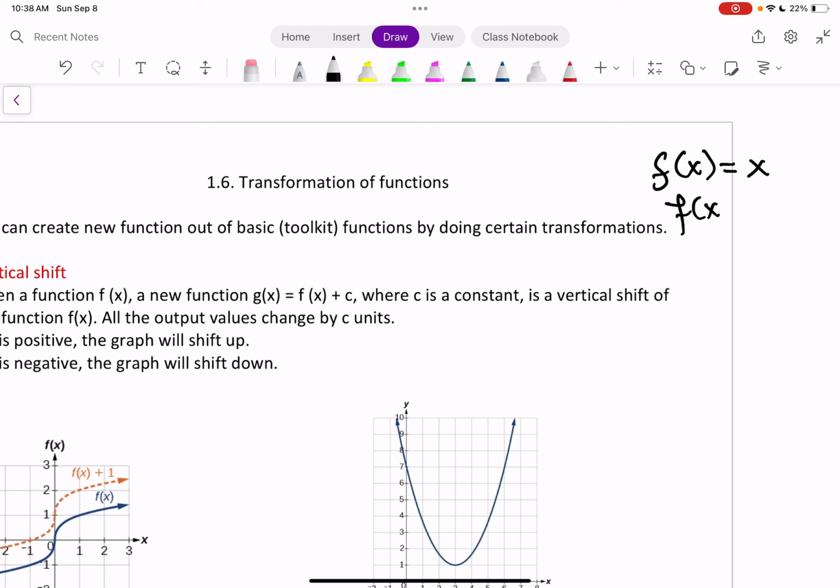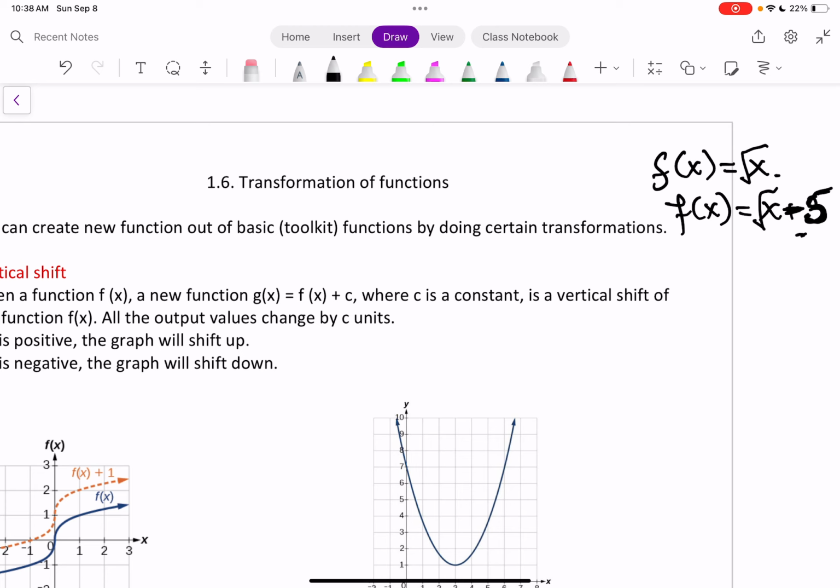What happens if you have x plus 3 or maybe x minus 5? How will the graphs of these functions be obtained from the basic function f of x equals x?